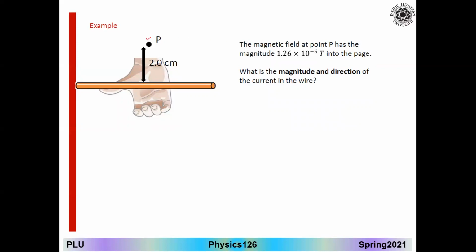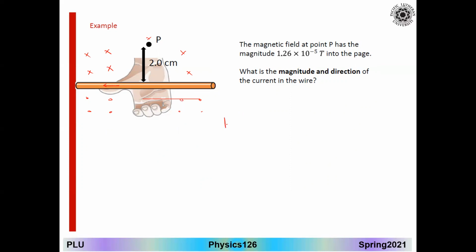So according to my right hand rule, I can find the direction of the current. Here they ask me to find the magnitude and the direction, so I find the direction first, and then the magnitude.